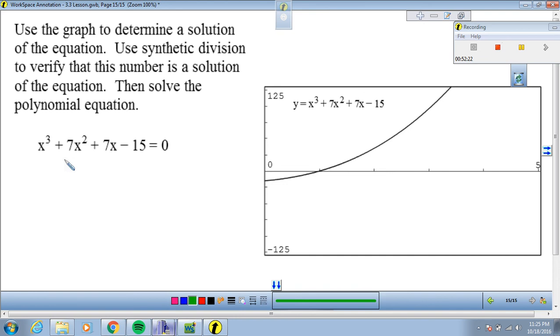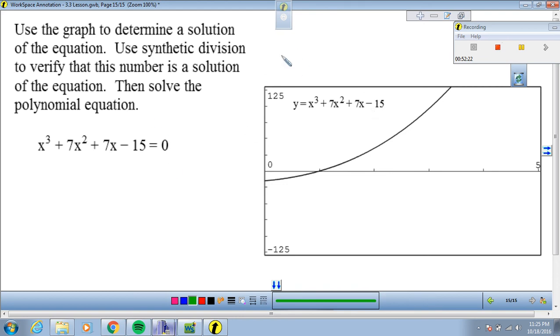Here it says, use the graph to determine a solution of the equation. This equation that you see here is this graph that you see here. Use synthetic division to verify that this number is a solution of the equation, then solve the polynomial. Which number are they talking about?